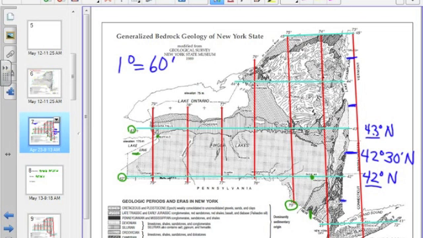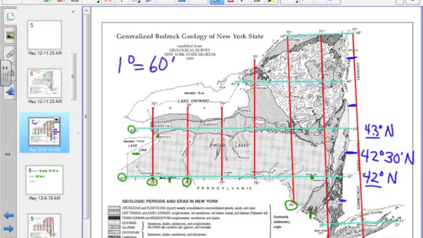And let's take a look at its longitude. Now, as we look at this, this is 78 degrees west. Here's 79 degrees west. My Buffalo location is in between 78 and something. Halfway through, here's my little tick mark.